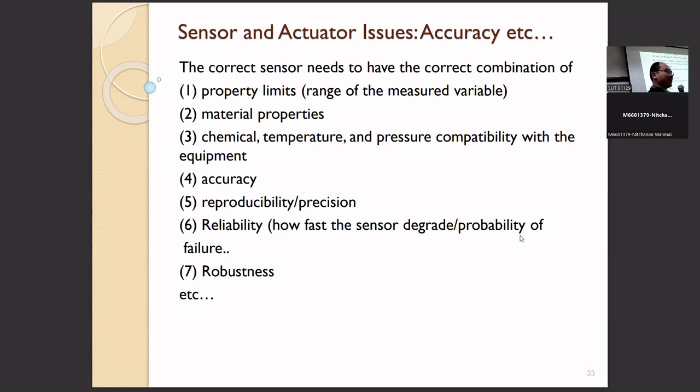What kind of material? Okay, you use the thermometer in glass. Glass can resist the chemical effectively. If you use a thermocouple, you have to check what kind of material the thermocouple is, and then you check the compatibility with the chemical. And the last one, equipment limits to chemical, to temperature and pressure.